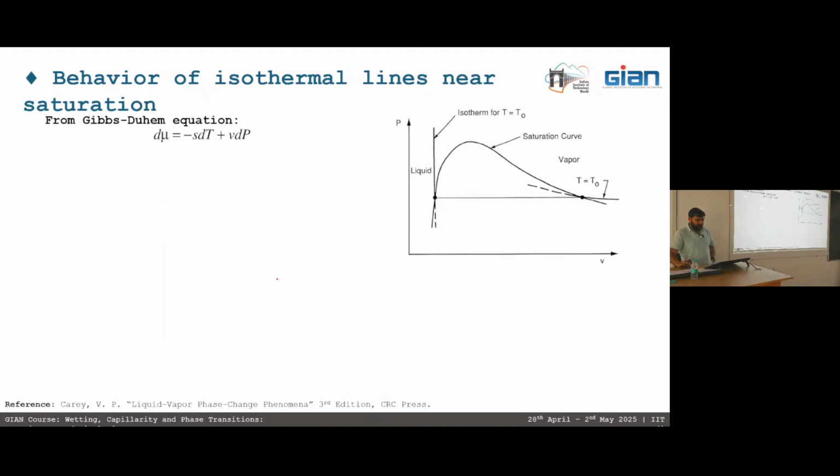The Gibbs-Duhem equation is a very important equation which relates the chemical potential with the thermodynamic variables, temperature and pressure.